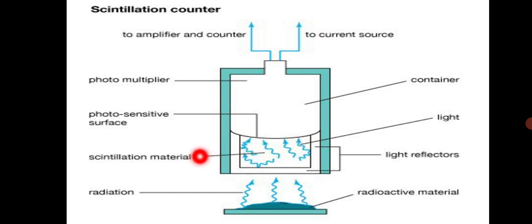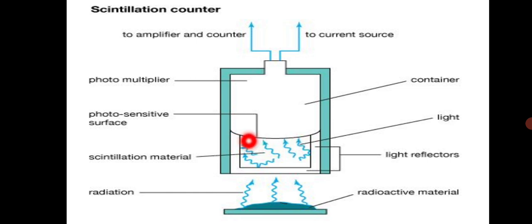An example of scintillation material is what is called sodium iodide, and inside it is fitted with light reflectors. So we have flashes of light due to the interaction between radiation and the scintillating material.